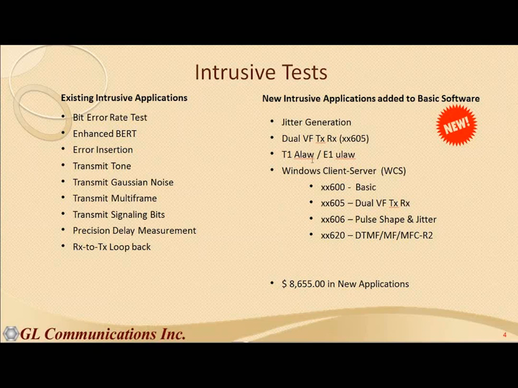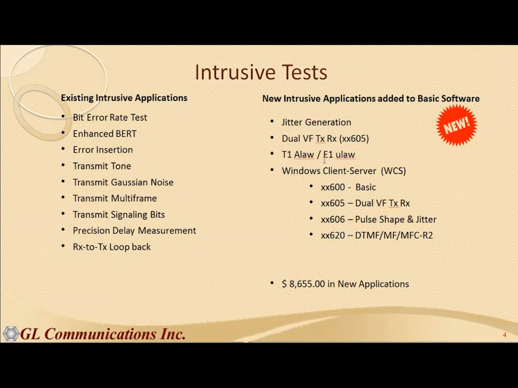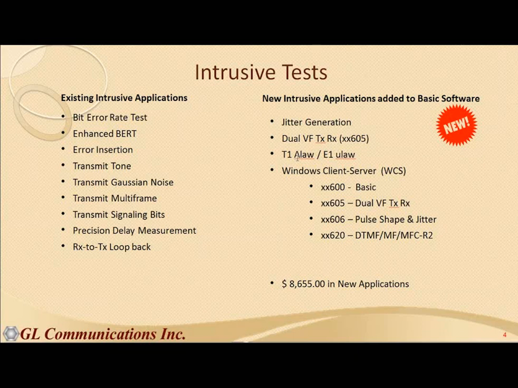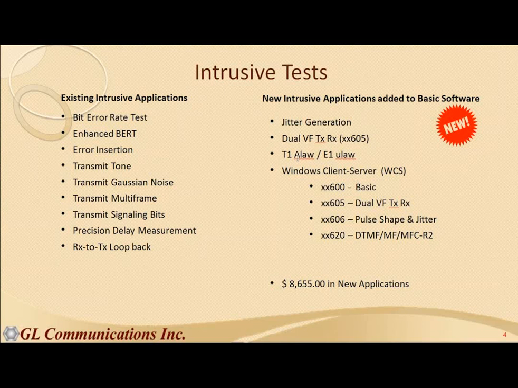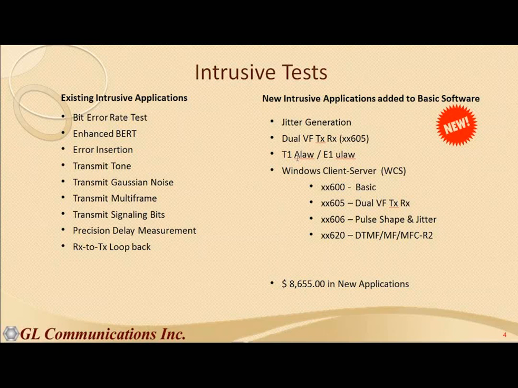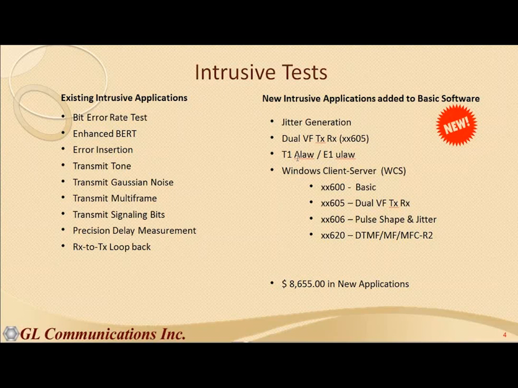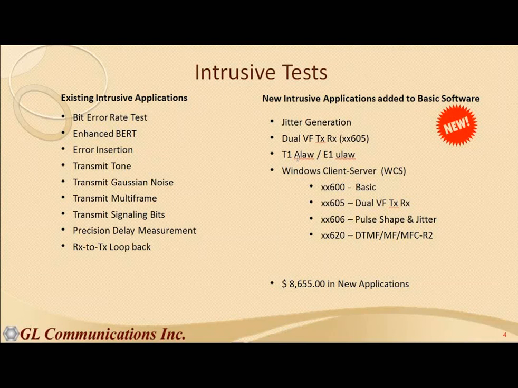We added another application called T1 A-Law and E1 Mu-Law. Originally, this was added for a few special customers that actually transmit A-law on T1 lines, which is unusual, and they transmit mu-law on E1, which is also unusual. As you know, it's the reverse: T1 uses mu-law, E1 uses A-law.